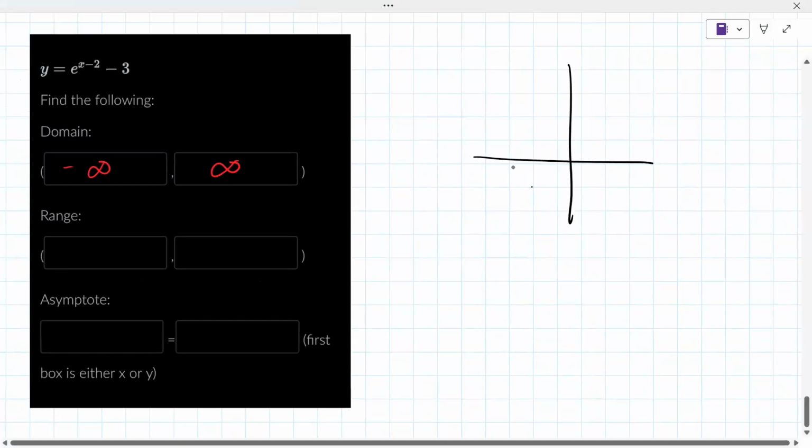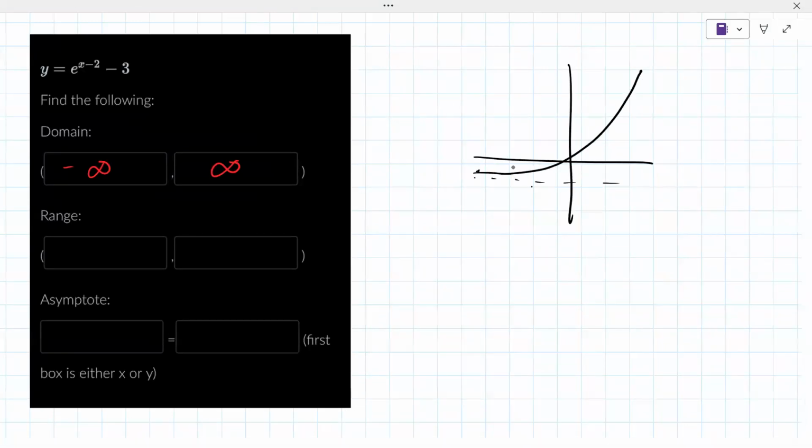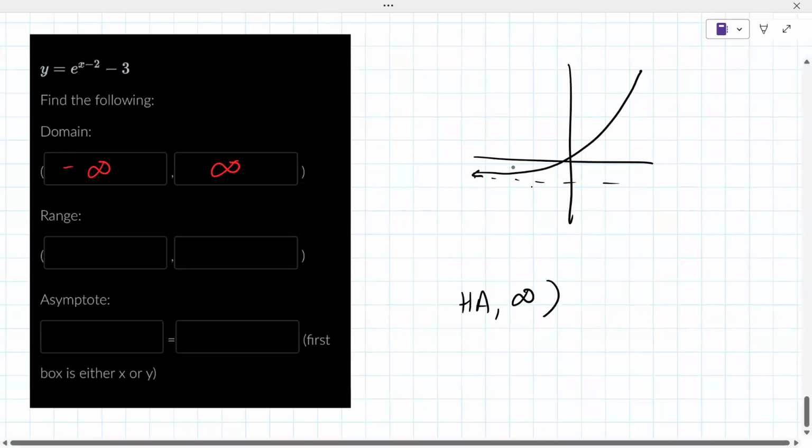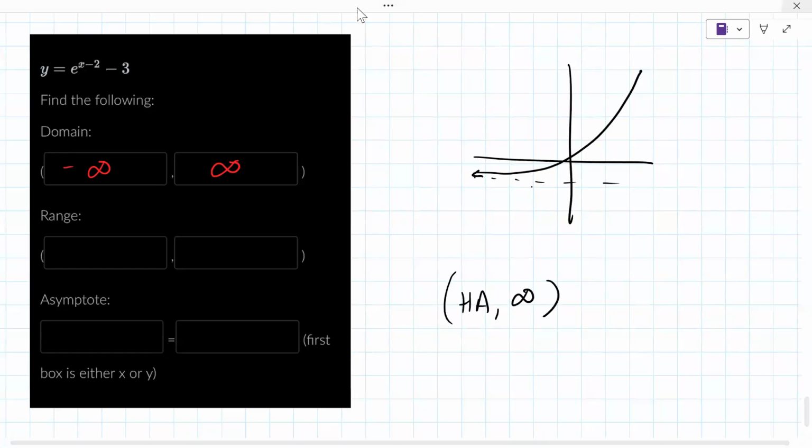The graph of this looks something like this. So the range is the horizontal asymptote to positive infinity. We'll actually do the horizontal asymptote first. It's this number on the outside here. It's y equals -3.